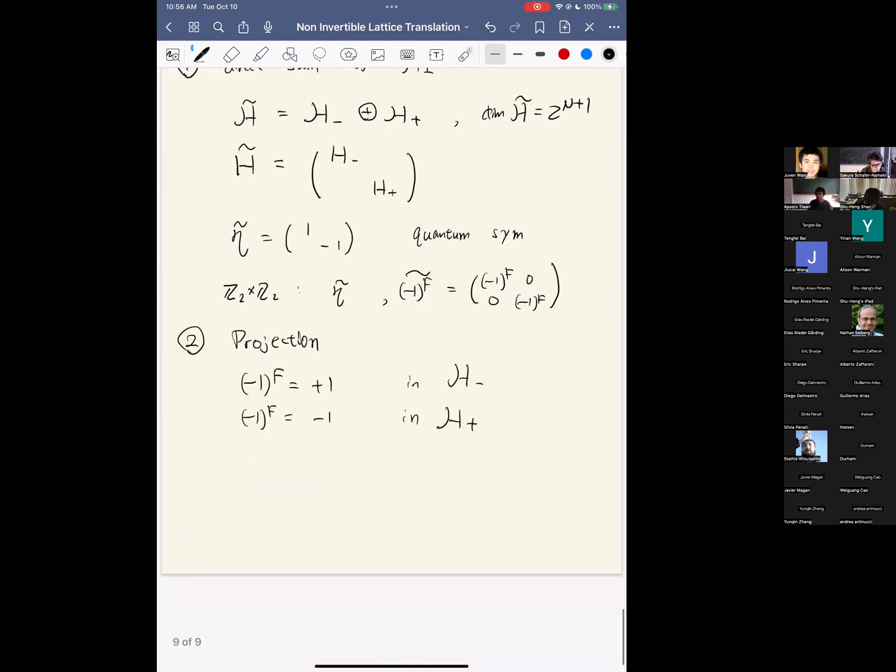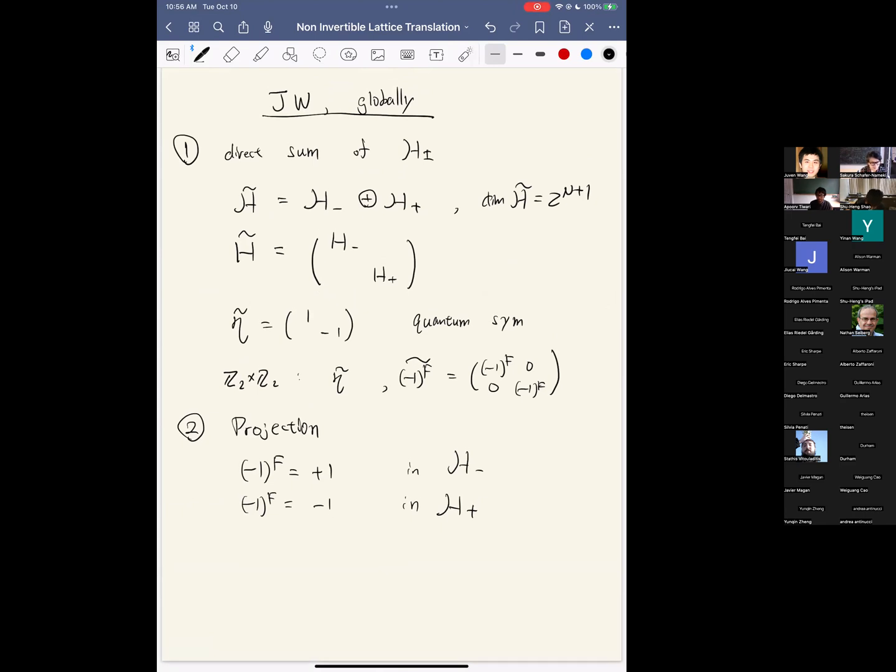Okay, so once I've done this projection, I can write it more succinctly as saying that this element of the Z2 cross Z2 in the bigger Hilbert space has to be +1. So that's the projection I'm going to do. I'm going to call the projected Hilbert space H without the tilde.